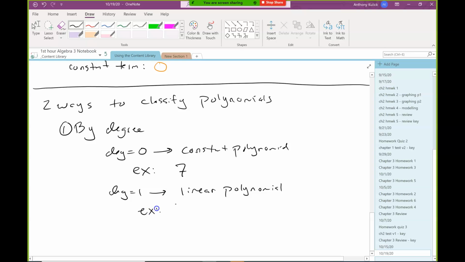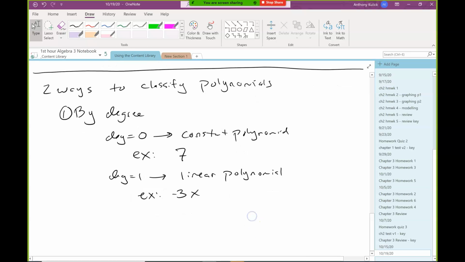So for example, negative 3x would be a linear polynomial. Or even negative 3x plus 5 is still a linear polynomial, right? Again, the degree for the polynomial is just the biggest exponent. Are we still okay with that?